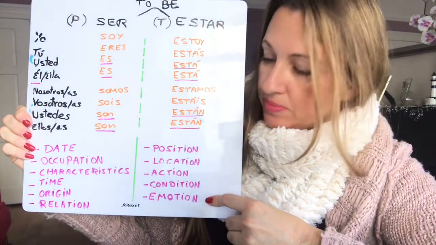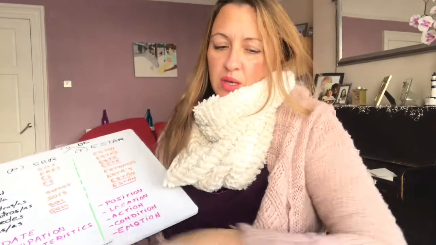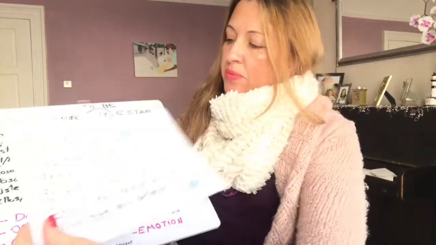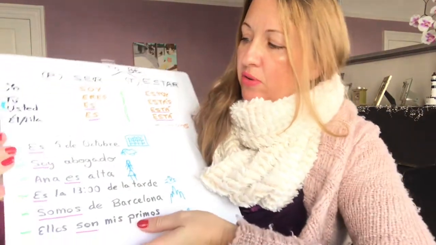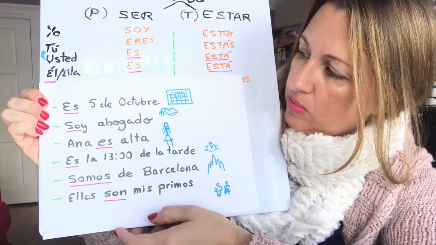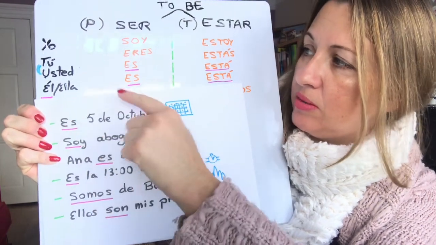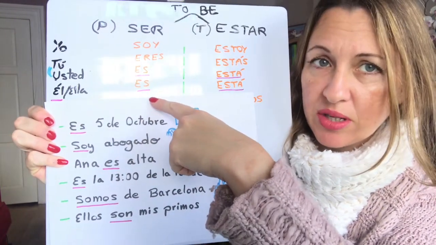Okay. So I have written also on a piece of paper the examples for ser with the date that I was saying before. So you can see here we've got one example with the date, es, which is the third person of the singular.